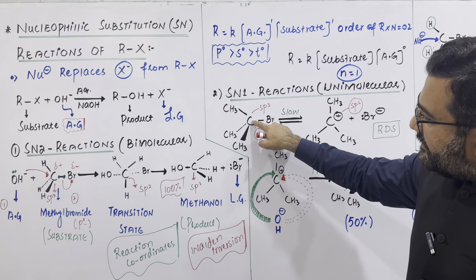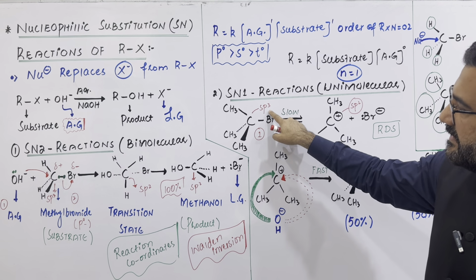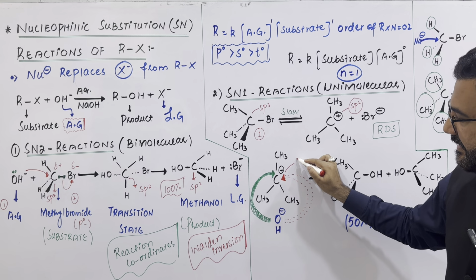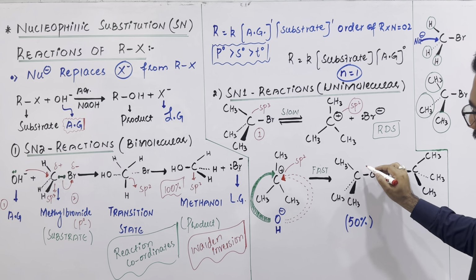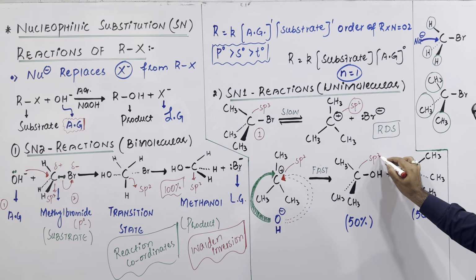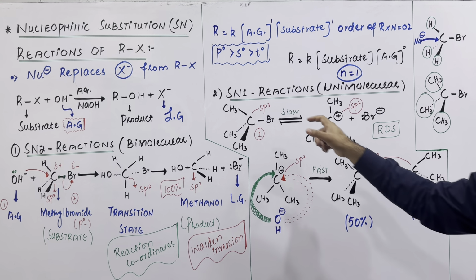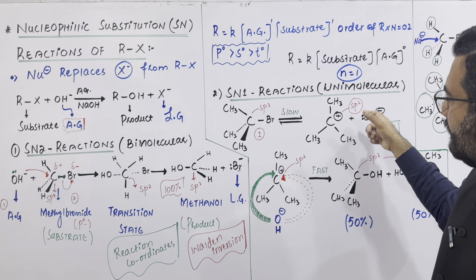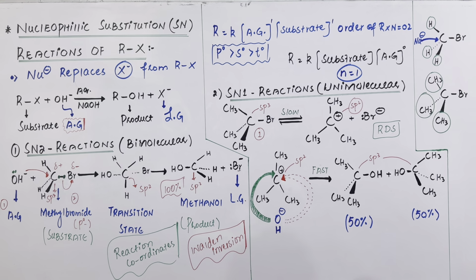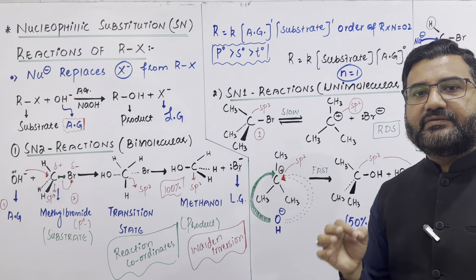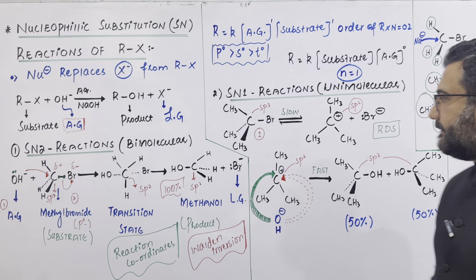So the hybridization of the alpha carbon changes from sp3 to sp2, and in the second step it changes back from sp2 to sp3, because both these carbons are sp3 hybridized carbons. So in the first step, hybridization changes from sp3 to sp2. In the second step, again from sp2 to sp3, and only the hybridization state of the alpha carbon is considered.